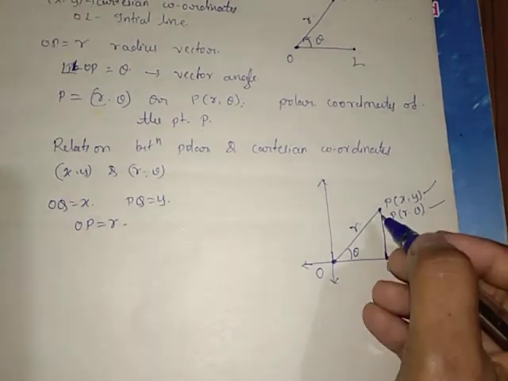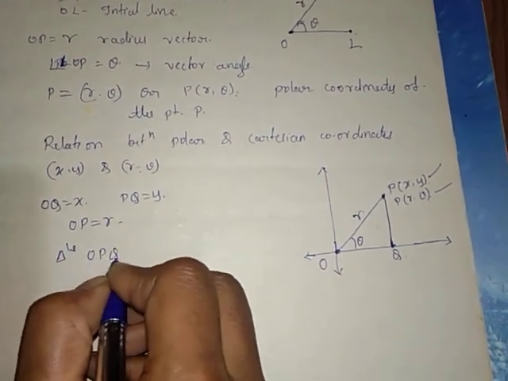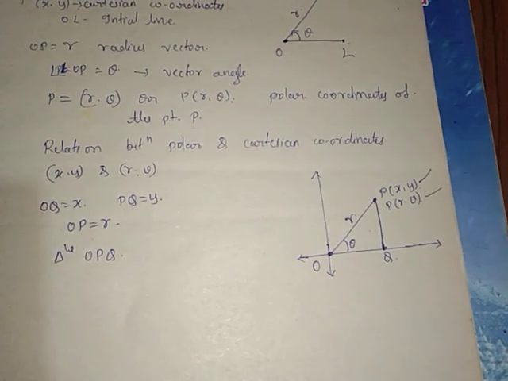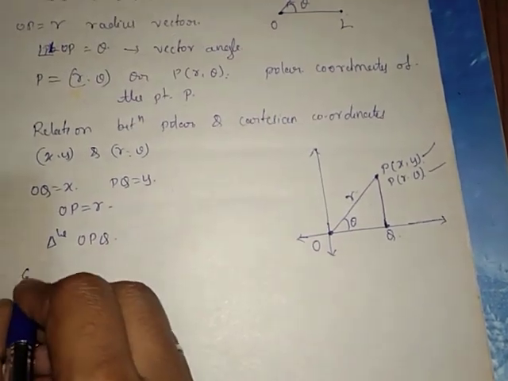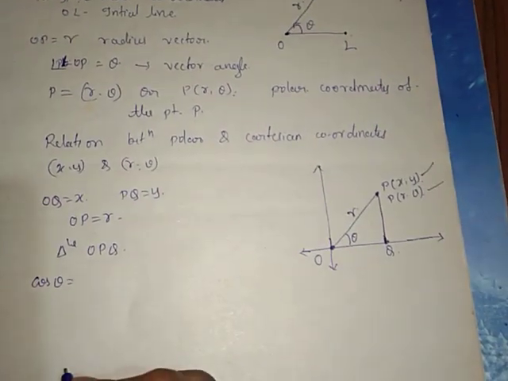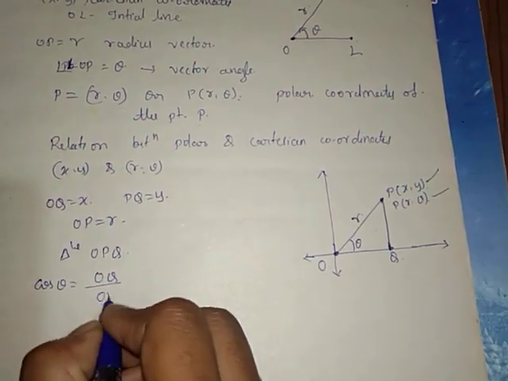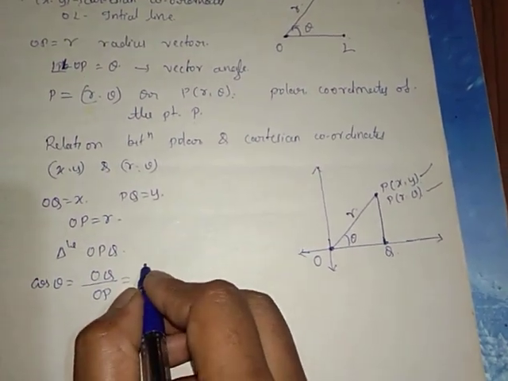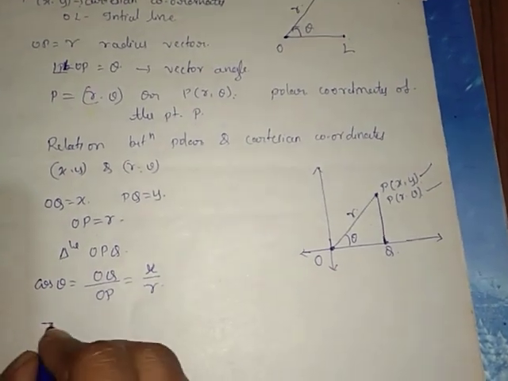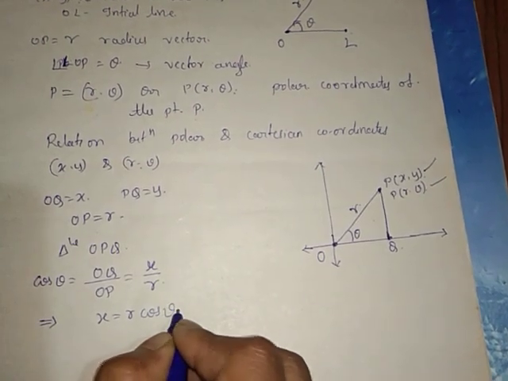Now from the triangle OPQ we have cos theta equal to OQ divided by OP, that is x divided by r. That can be written as x equal to r cos theta.